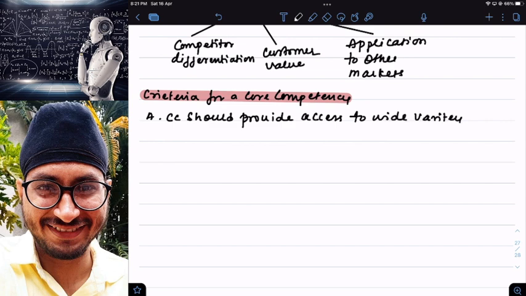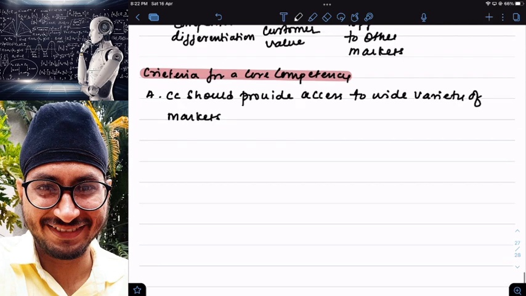A variety of markets means my uniqueness should not only help me in entering one market. My uniqueness should help me in entering multiple markets in the country. Then, a core competency should provide customers with benefits. Customer benefits.